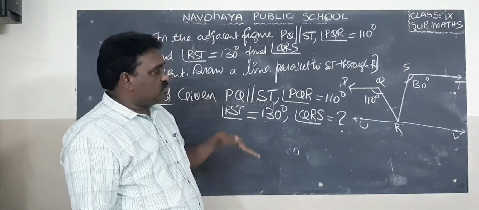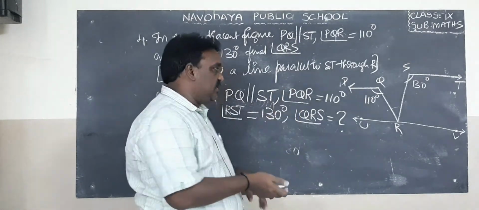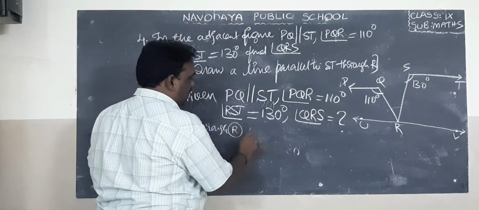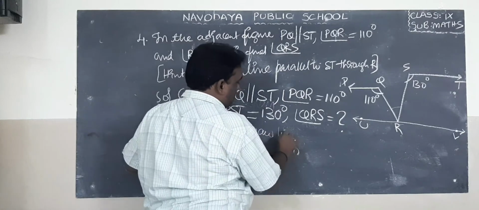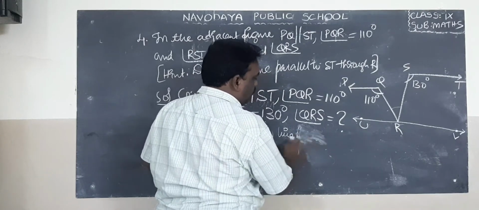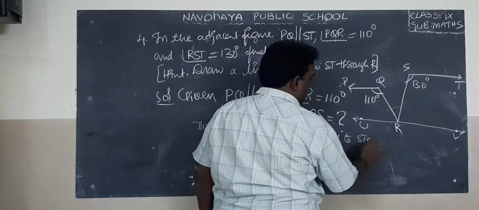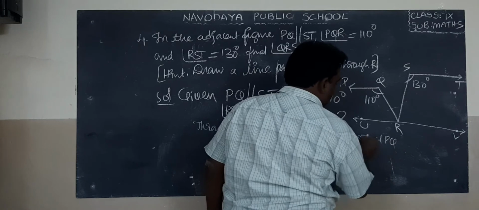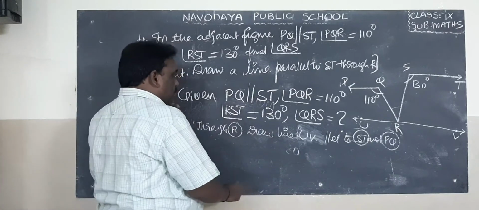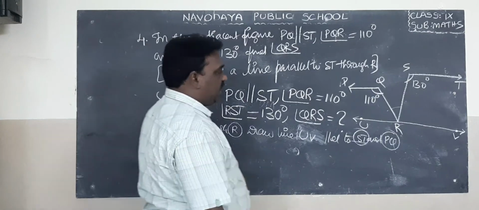Just like construction, through R, draw a line UV, it is parallel to both PQ and ST. What we need to find out is angle QRS.